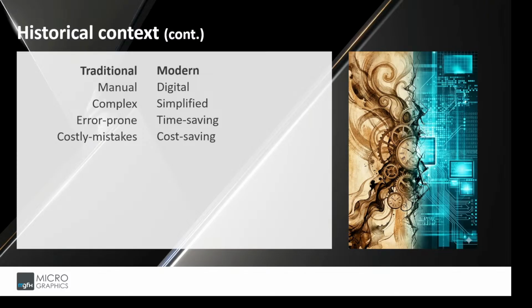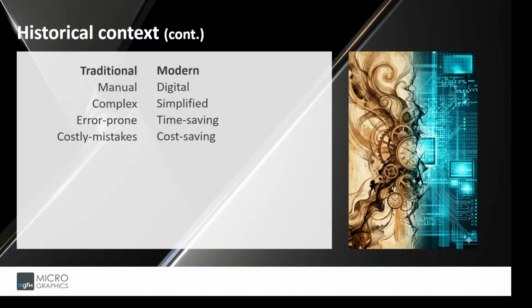Historical context continued. So, if we compare the traditional and the modern, we can see how information has evolved from manual tasks to digitally enabled tasks, from complex paper trails to simplified paper trails, which is easy to track.